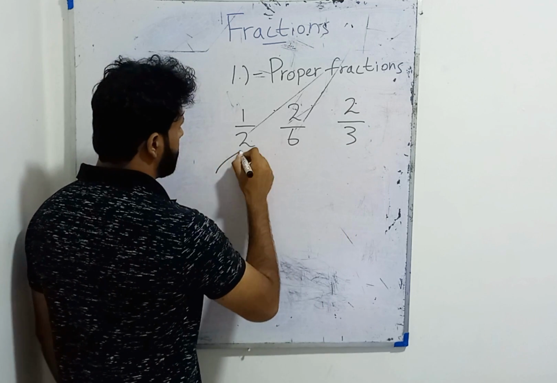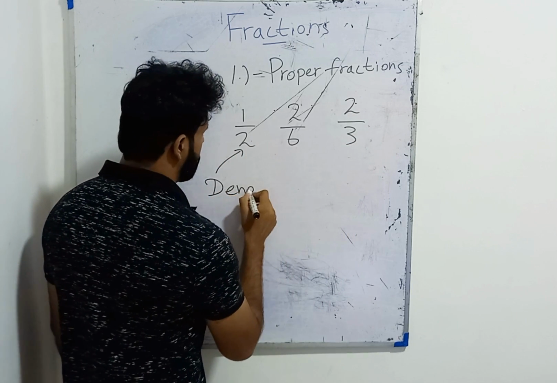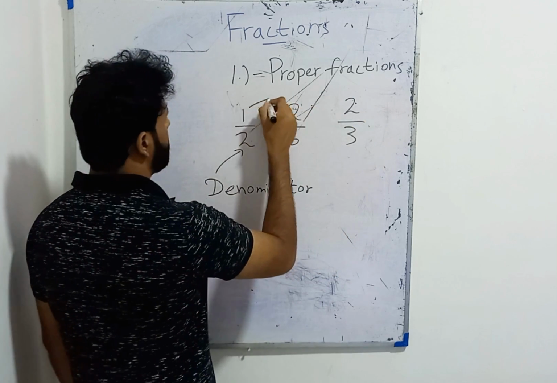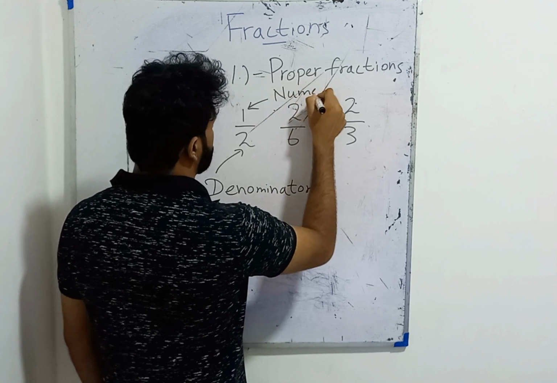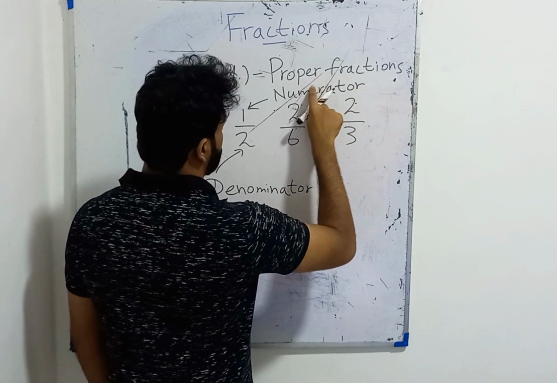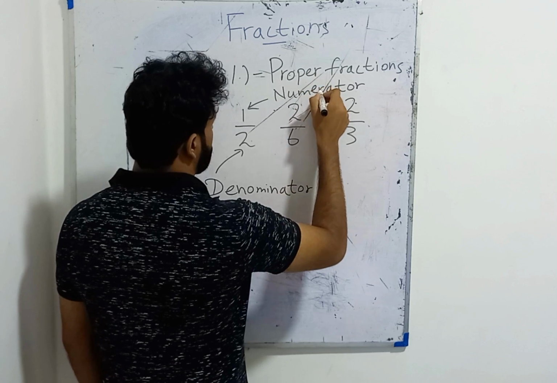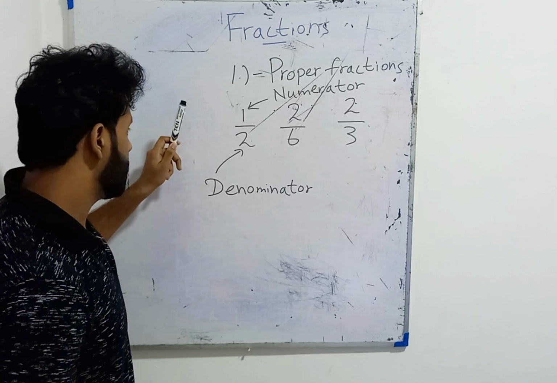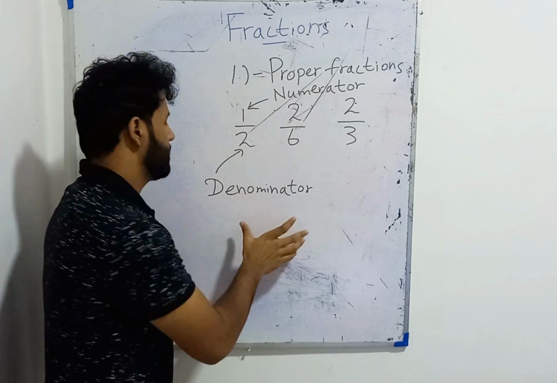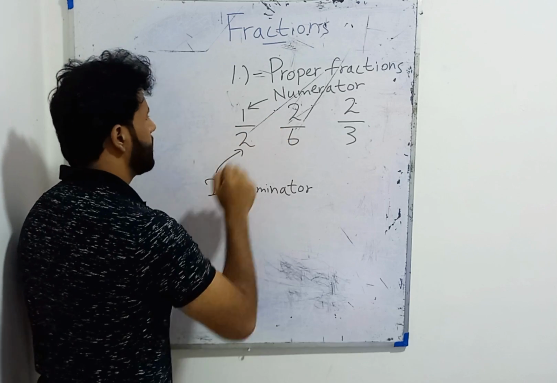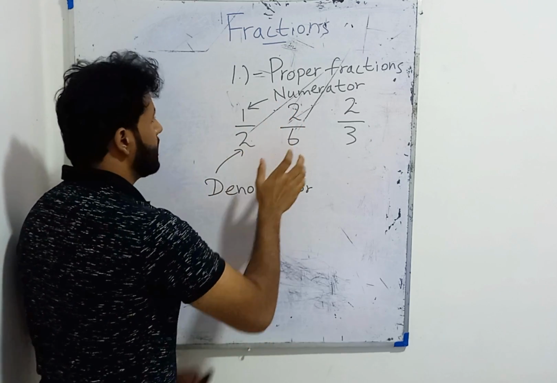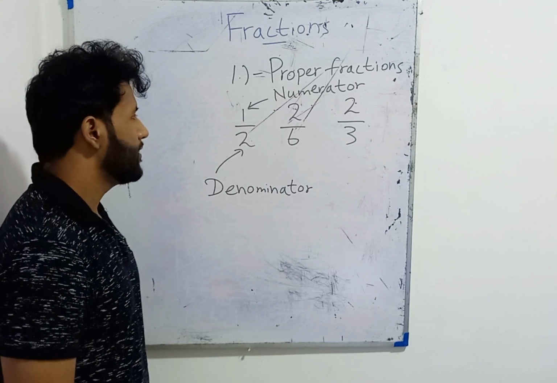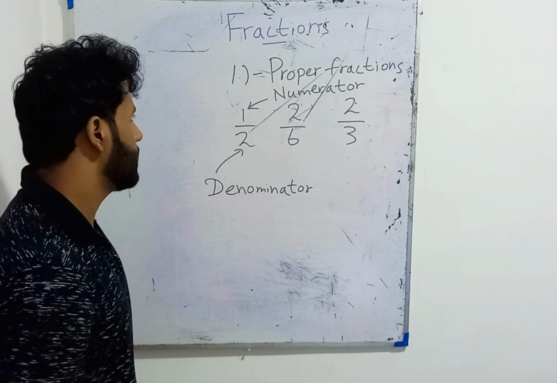You can see the numerator is less than the denominator, and the denominator is greater than the numerator. Such fractions are called proper fractions.